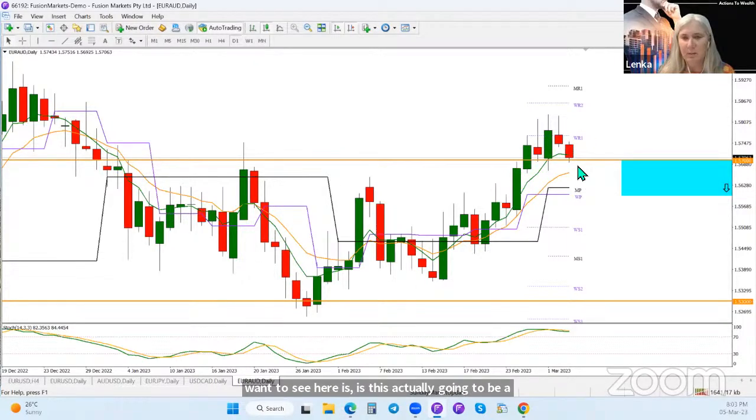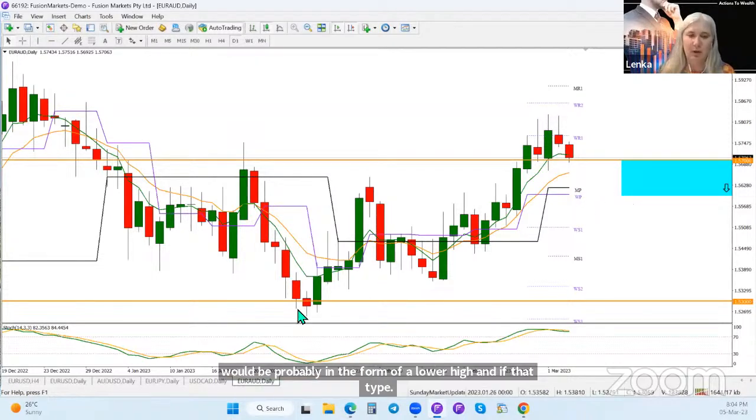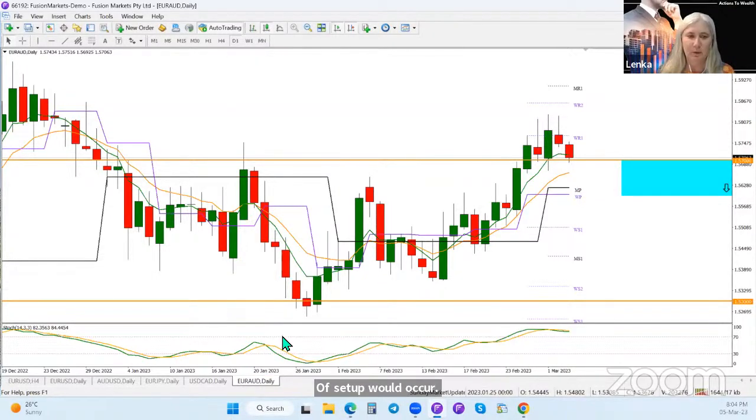And if it is, then I'm going to wait for the price action to be underneath within my range. And I'm going to look for some kind of pushback from the top of the range, which would be probably in the form of a lower high.